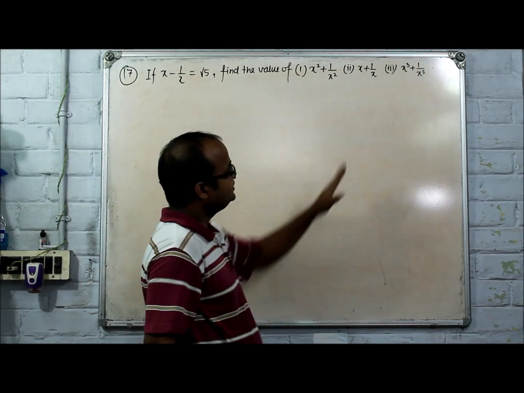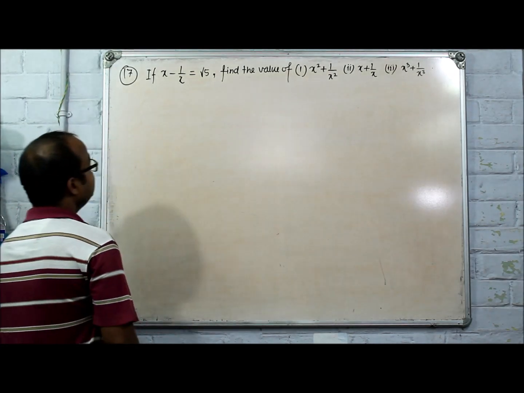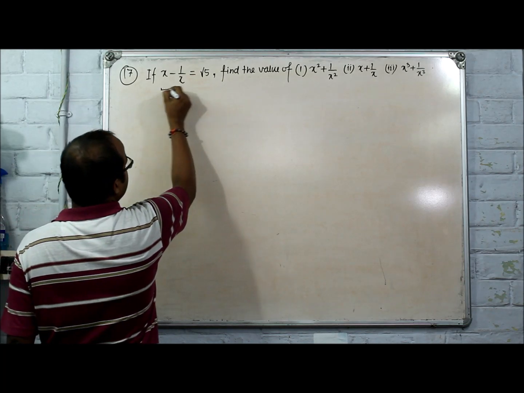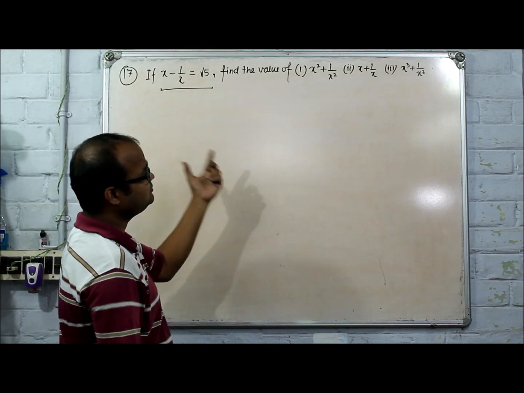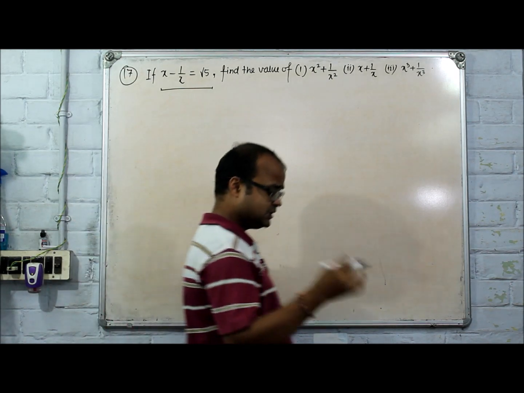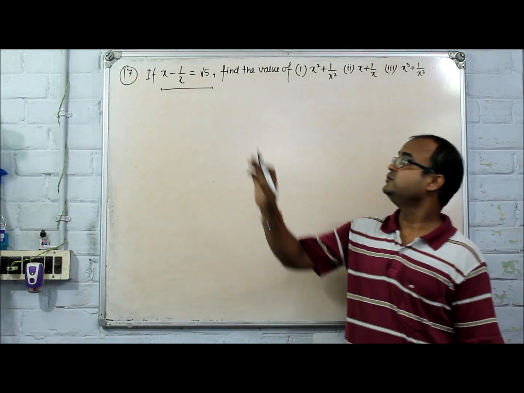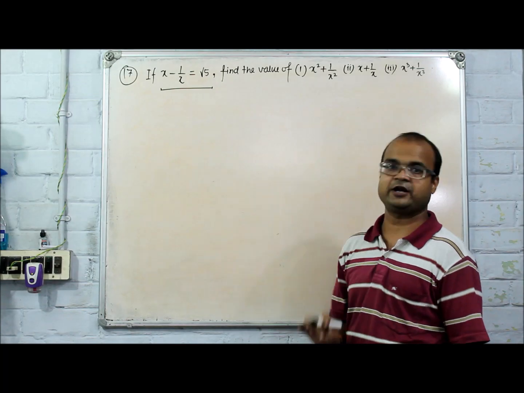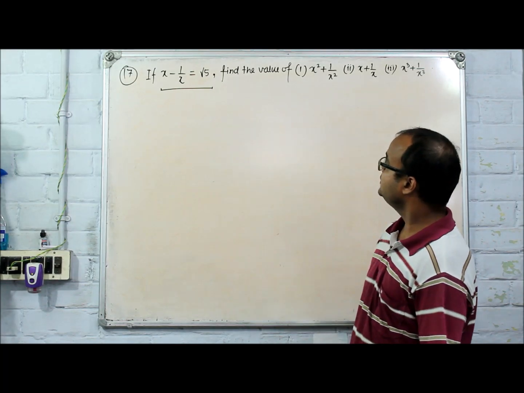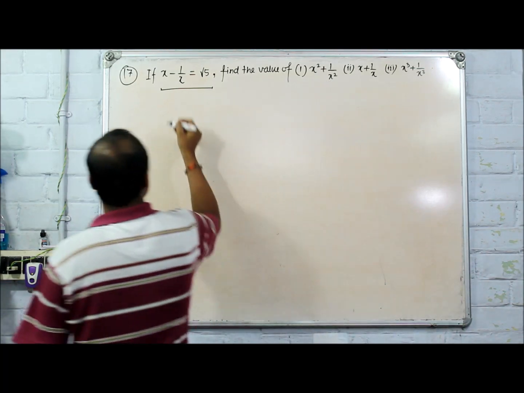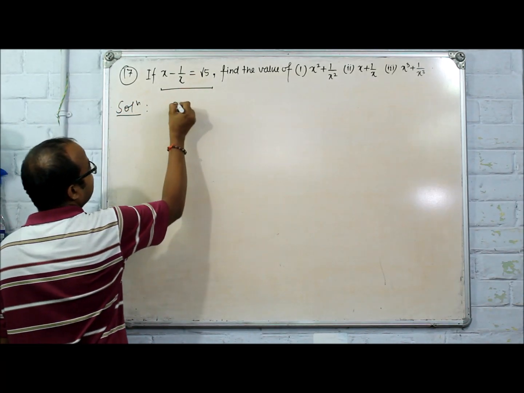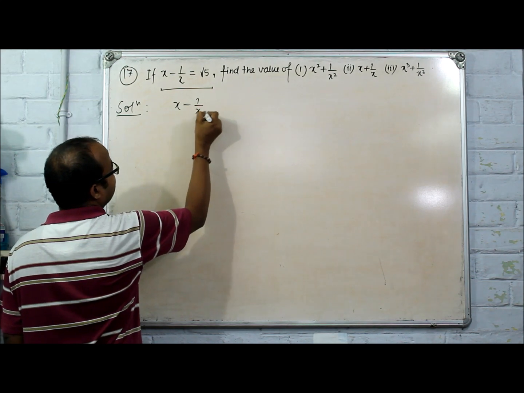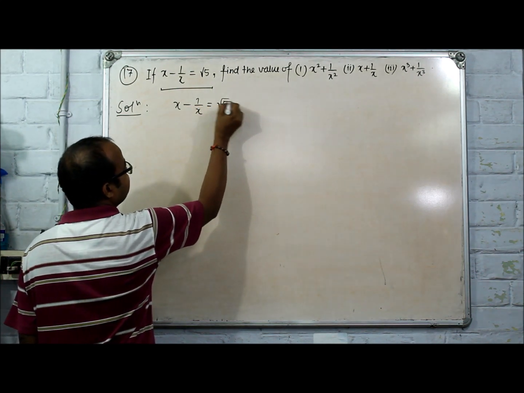Now let us solve this problem. x minus 1 by x is given as root 5. I take this problem, the process is the same, but some of you have a doubt when the term is given in a square root. So I am solving this. So first, x minus 1 by x is equal to root 5.